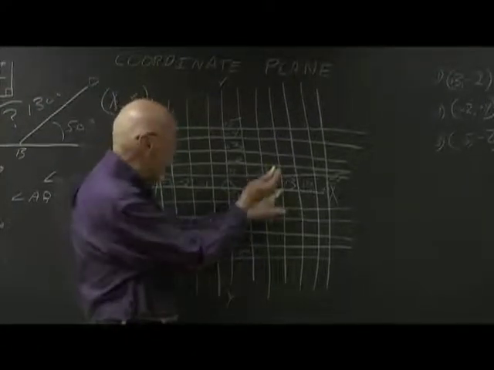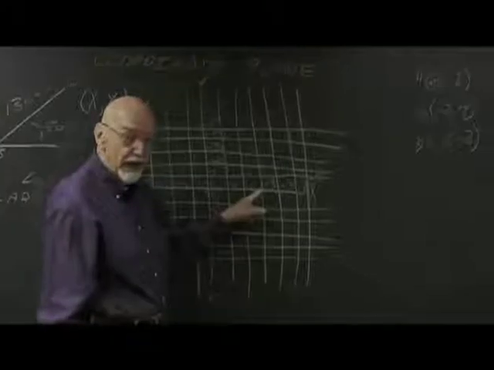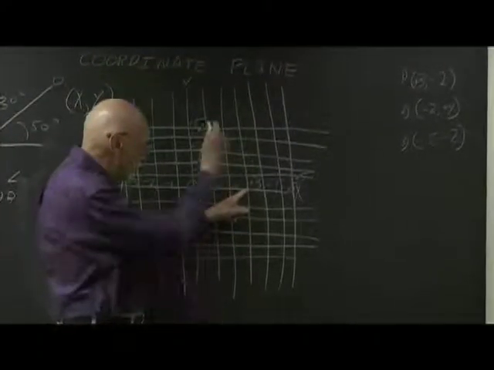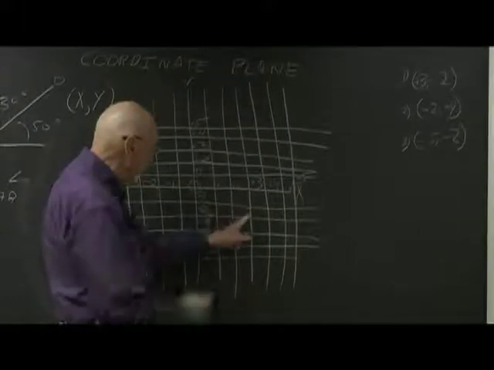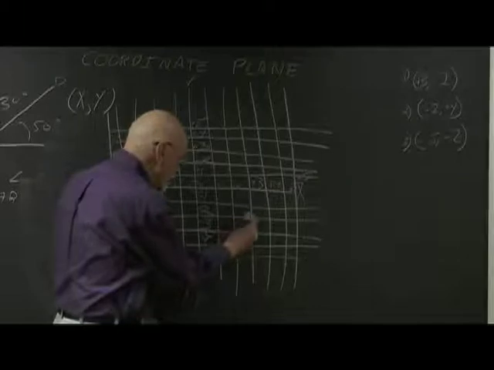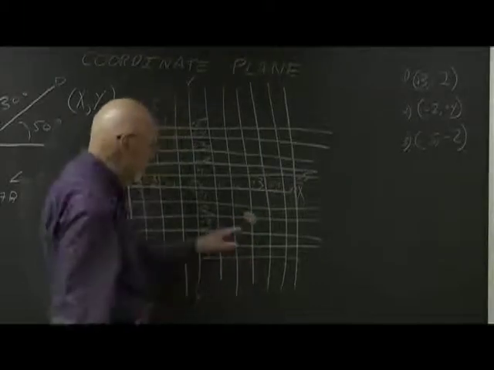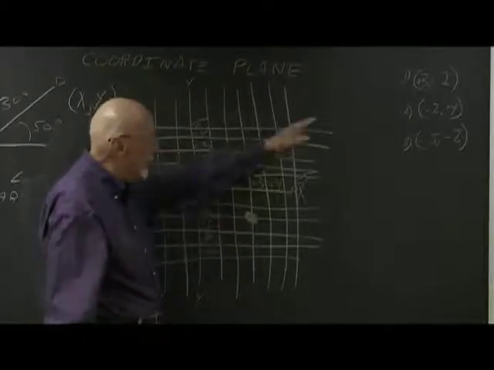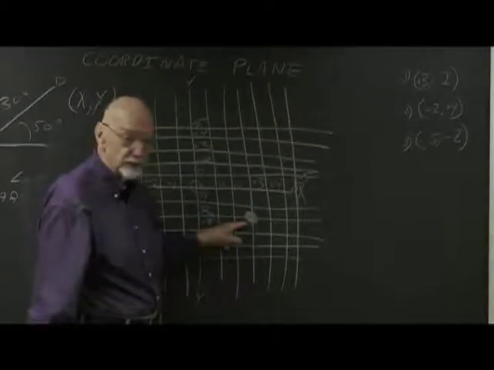Right there we have +3 on the x-axis. -2 on the y-axis, going this way. 1, 2, that's the -2. So right there is the dot. That's the address. This shows the location.